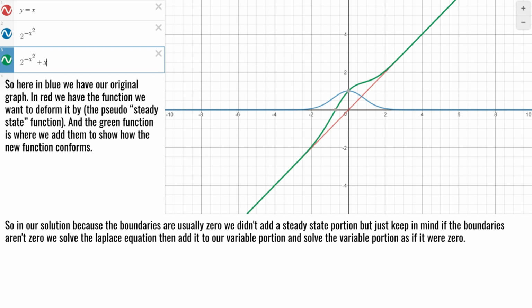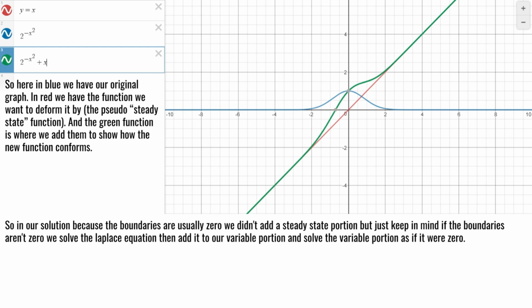Basically, what's going on here is that when we have some graph that's shaped like a bell curve, and we have some function, in this case just y equals x, if we add it to our bell curve function, the bell curve will be deformed by that function, because every y point that we get for that x value is going to deform the function by that amount.